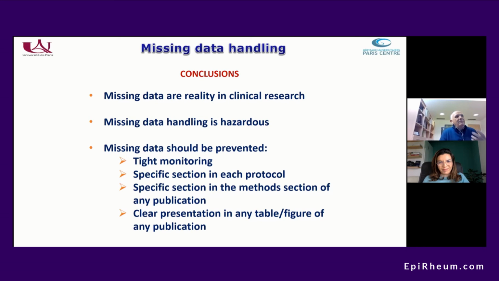Never forget that missing data handling is hazardous, whatever the technique. Currently, the technique permitting you to publish would be multiple imputation for the cross-sectional study, and GEE for the longitudinal one.